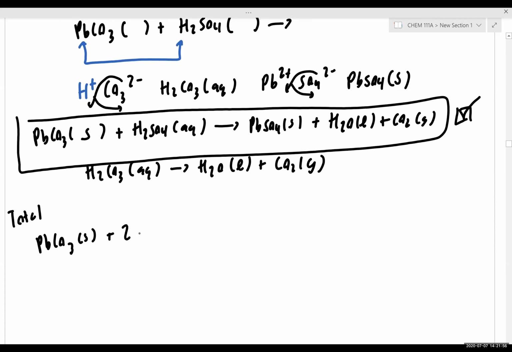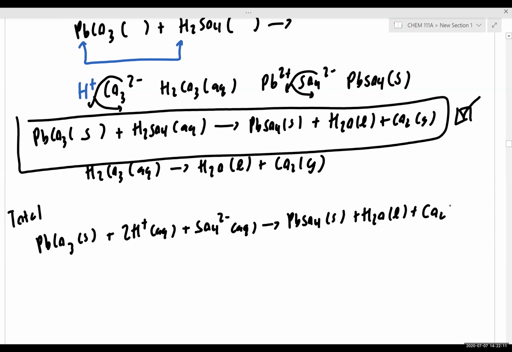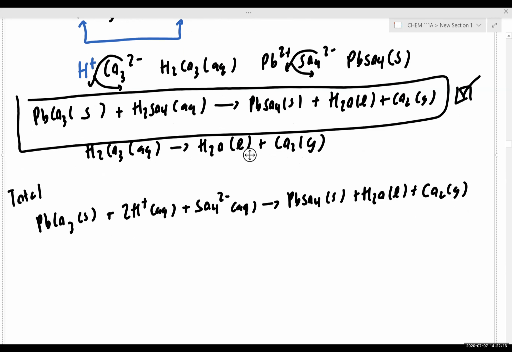We do dissociate sulfuric acid as it is water soluble. Lead sulfate, we do not dissociate, it's insoluble. And water and carbon dioxide, just like we discussed, we keep together as molecular compounds. So the total ionic equation and the net ionic equation are identical.